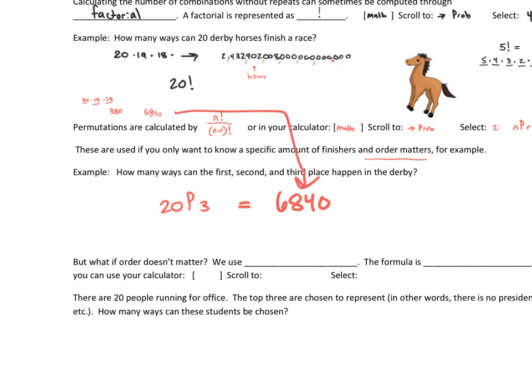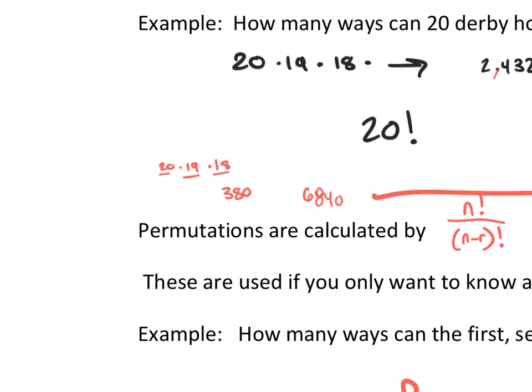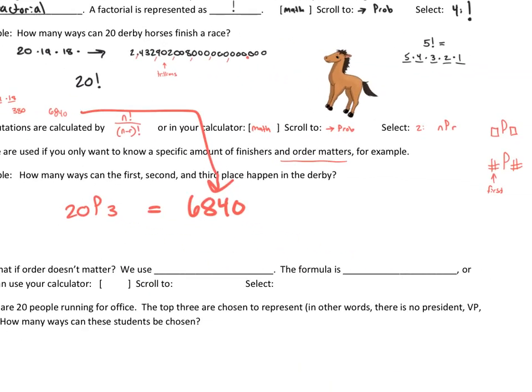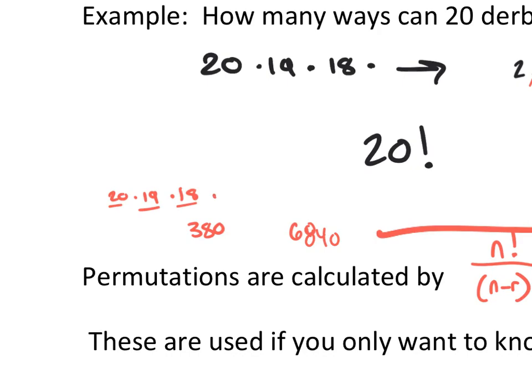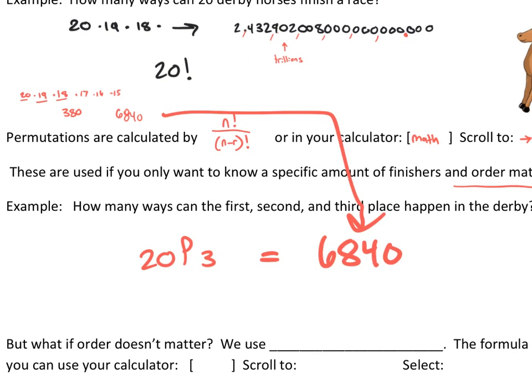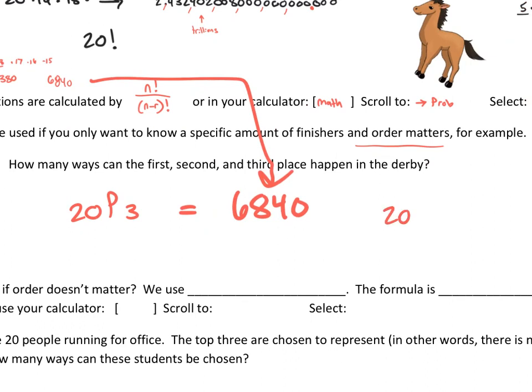And you might be wondering, well then, Mr. Caudle, what do I want the permutation formula for? I could just have done it like that. Well, if I would have asked you the question of maybe the first 7 finishes, then you would have had to do times 18, times 17, times 16, times 15, all the way down. But I could do it quickly with permutations as 20 permutation 7.